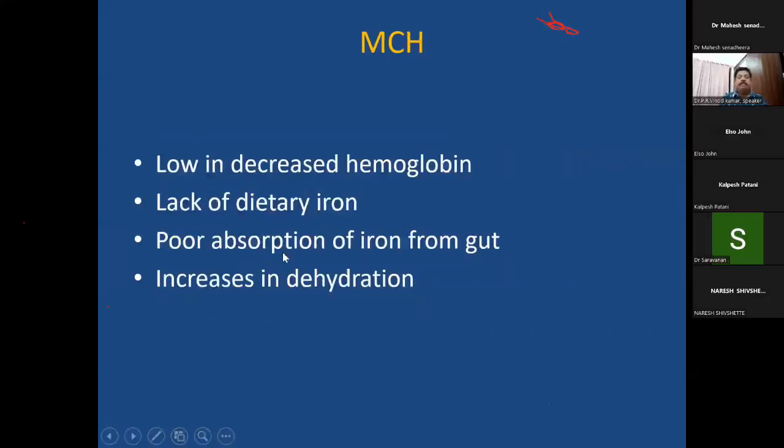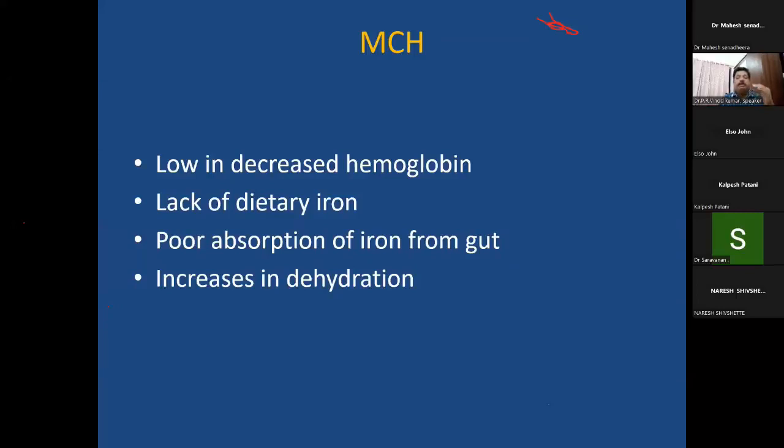Then MCH. MCH is low in decreased hemoglobin and lack of dietary iron. A decreased MCH occurs generally in hemorrhagic anemias, but it increases in dehydration.